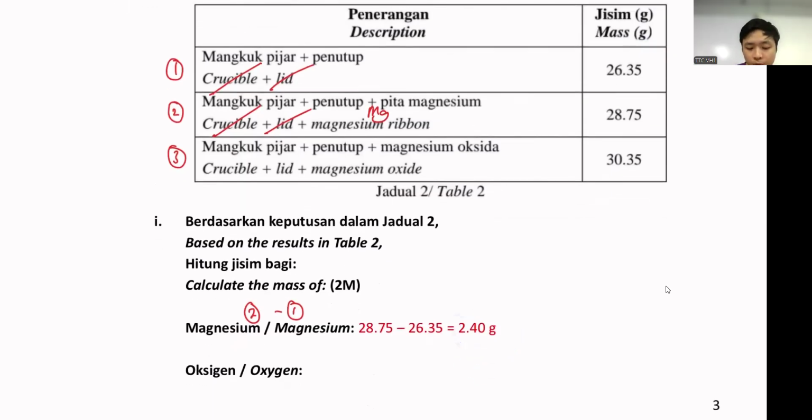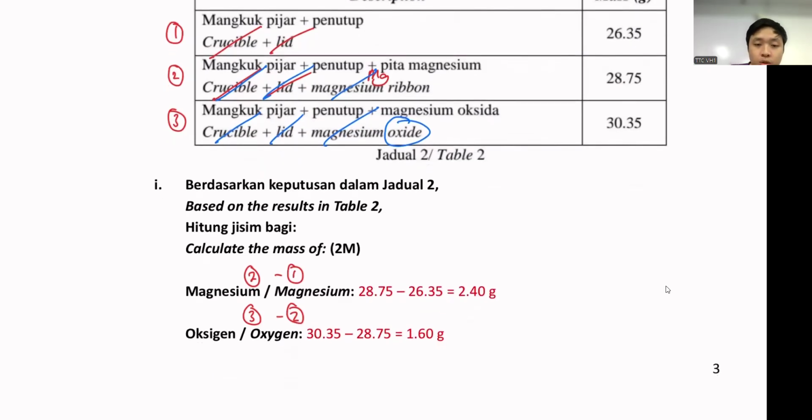This is for magnesium. For oxygen, we use 3 minus 2 in this case. Again, crucible minus crucible, lid minus lid, magnesium minus magnesium. Then now you get the oxygen. So 30.35 minus 28.75, you get 1.6 gram.